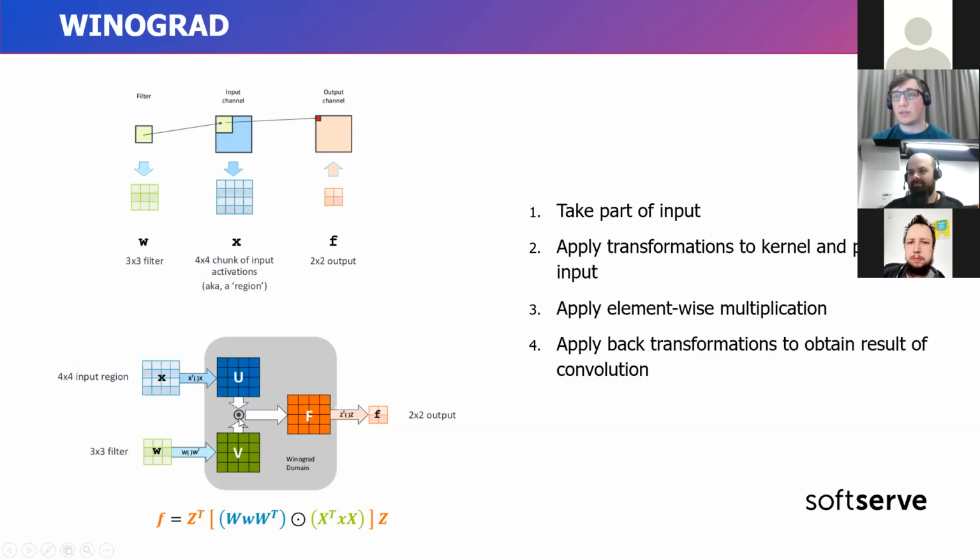Here we also have element-wise multiplication, and we obtain the result matrix in the Winograd domain, and this matrix is converted back to the original spatial domain, and we obtain the result. Which method to choose mostly depends on the specific platform you use, and usually these kinds of optimized algorithms are already implemented in hardware-specific libraries.